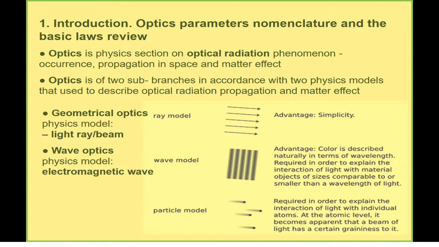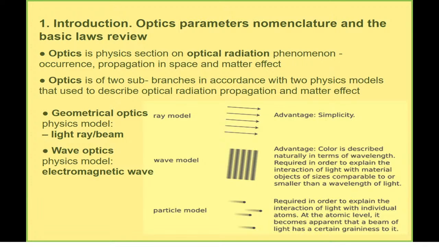The next, wave optics. Physics model for this is electromagnetic wave. Advantage: color is described naturally in terms of wavelength. This is quantification of the radiation. We determine the wavelengths instead of that to say it is blue color, it is green color.